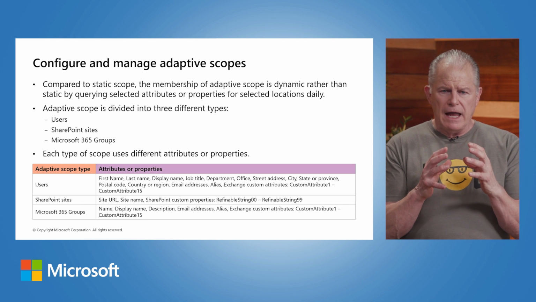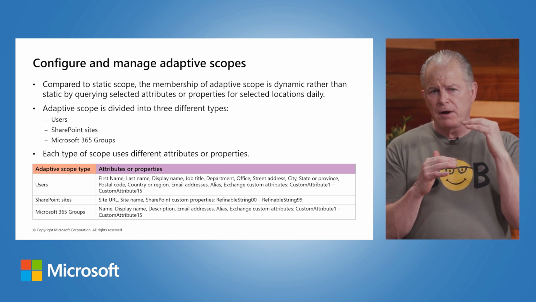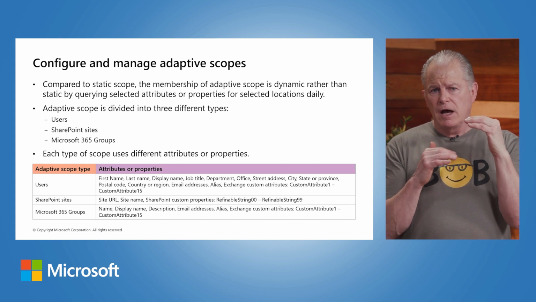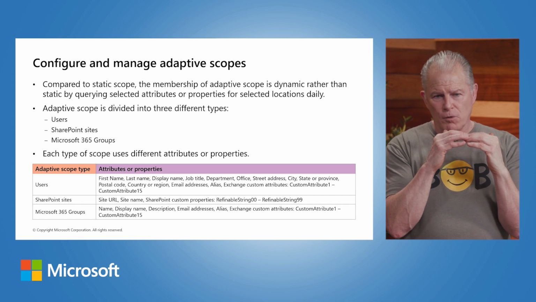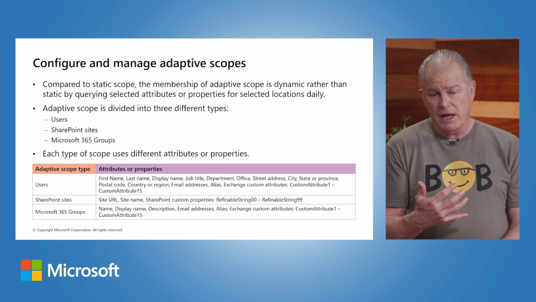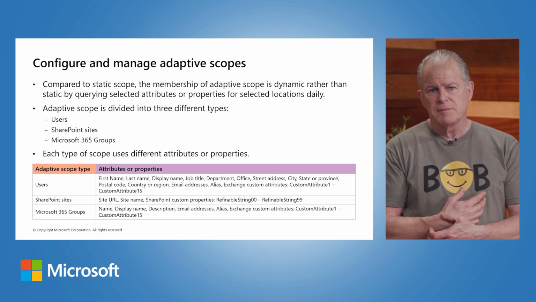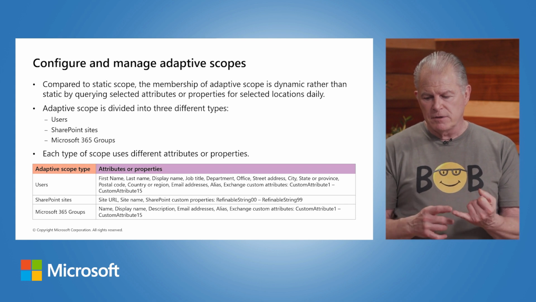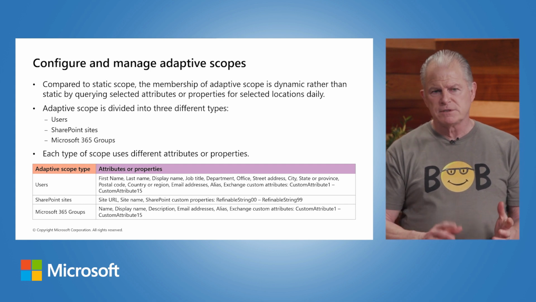When you take a look at a hierarchical set of scopes, if there's a parent-child relationship, a child object below a parent scope object will typically inherit certain attributes, like whatever's applied to the parent object. Here you can see some adaptive scopes broken up into three areas: users, SharePoint sites, and M365 groups themselves.